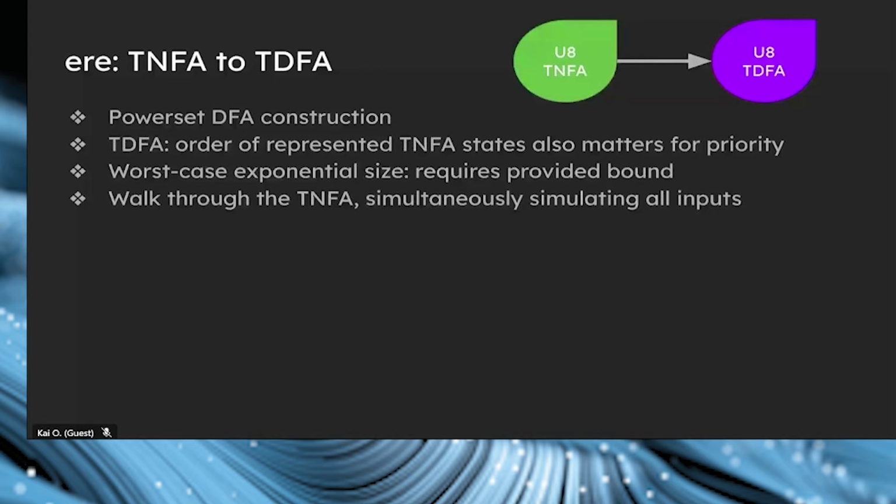Anyway, lastly, we're going to be converting to the last intermediate state, the TDFA, a system where instead of having multiple threads, we combine all the combinations of possible threads into a state, which is the power set DFA construction.